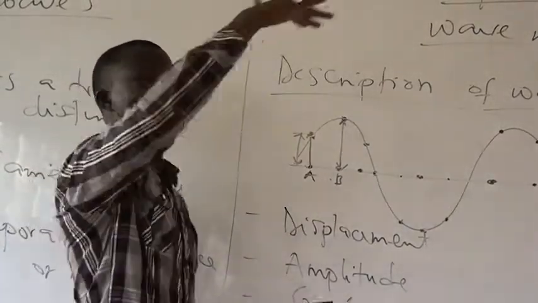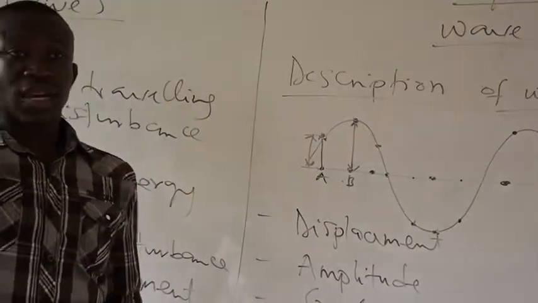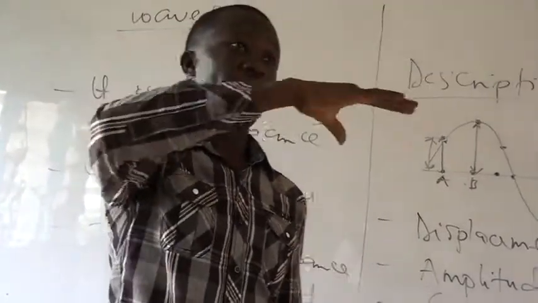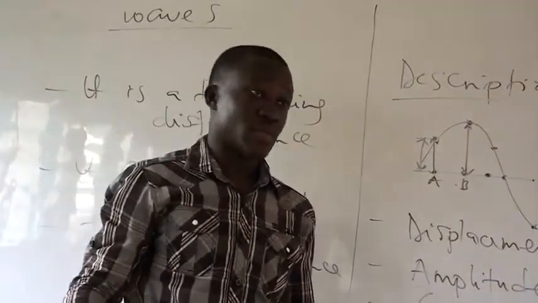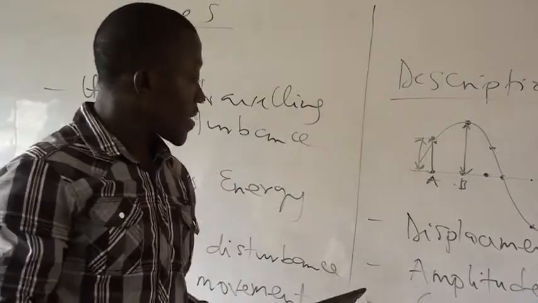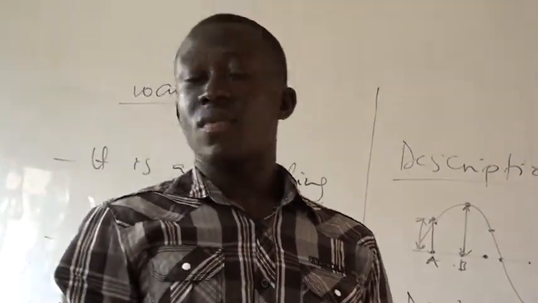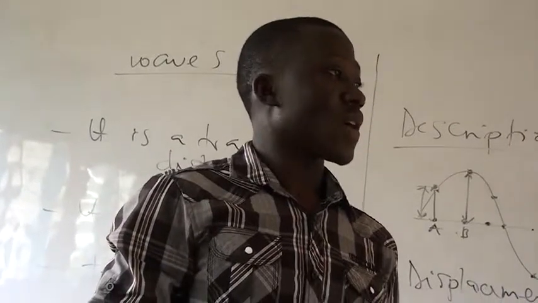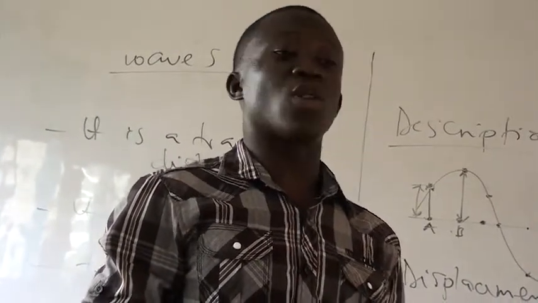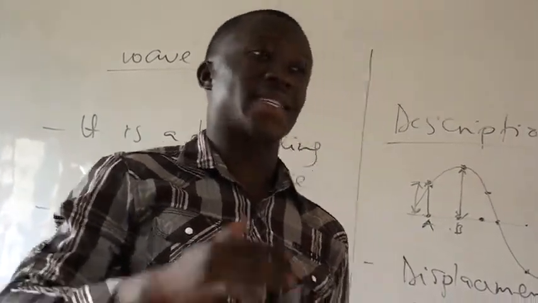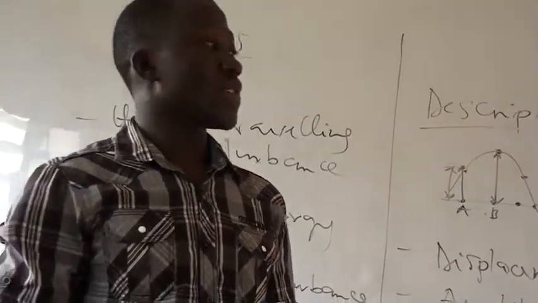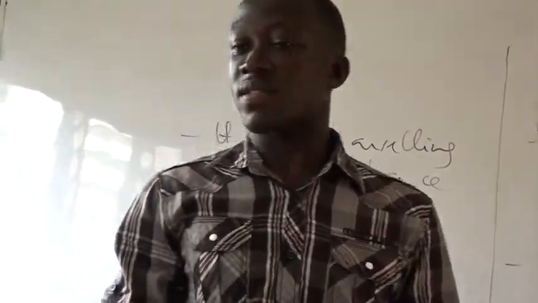Now the highest position attained by the particles along the wave is the crest. So the crest is the highest position attained by particles along a wave.